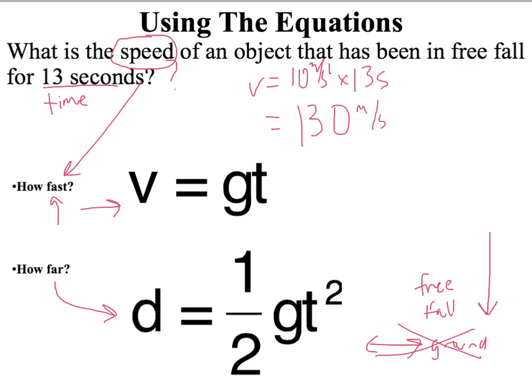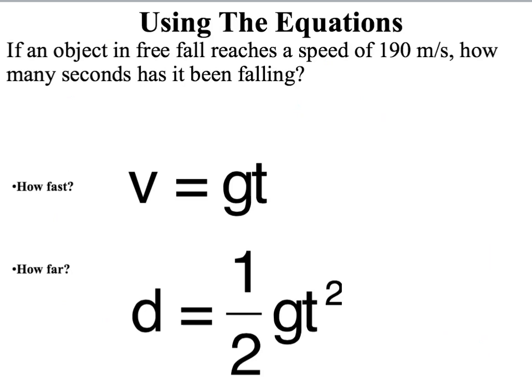Let's try another one. If an object in free fall reaches a speed of 190 meters per second, how many seconds has it been falling? Is that how fast or how far? It's kind of neither. But what you're given here is a how fast. You are given a velocity. And it says how many seconds, which is a time.